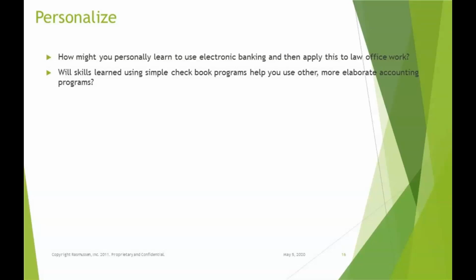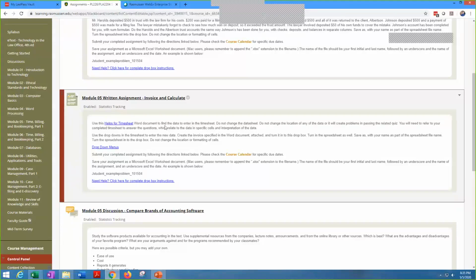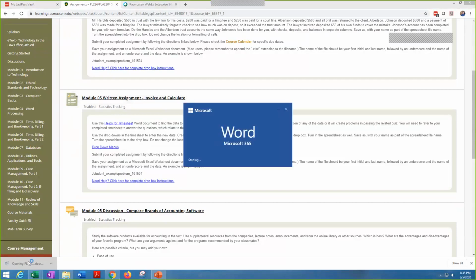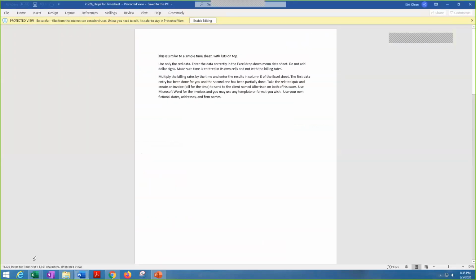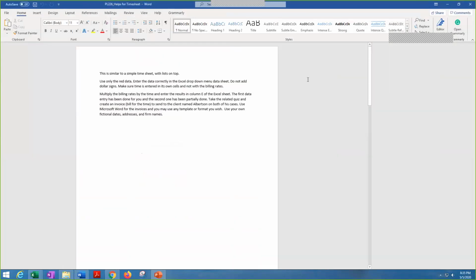Let's see here. The invoice and calculation helps for timesheet is what you use. Use only the red data.